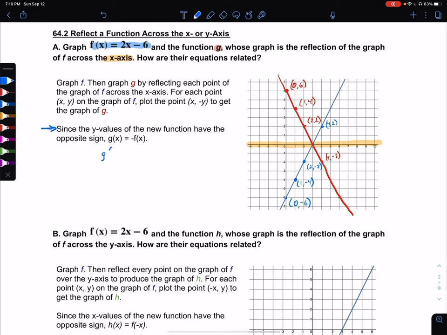So if we have g of x is equal to negative f of x, well, we know that f of x is 2x minus 6. And if we keep going, I can distribute that negative sign. I will get negative 2x plus 6. And if we wanted to confirm that, well, this here is my y-intercept, right?